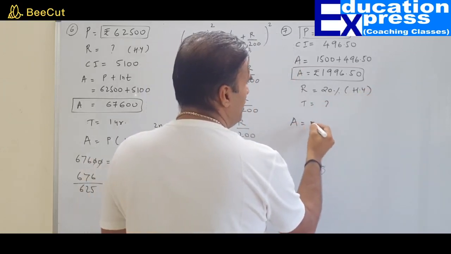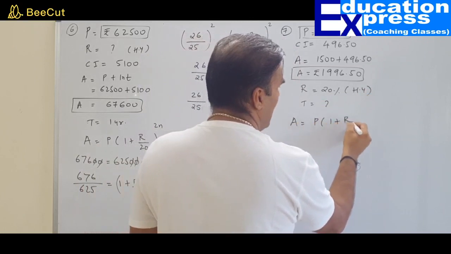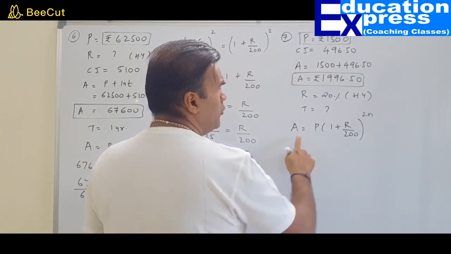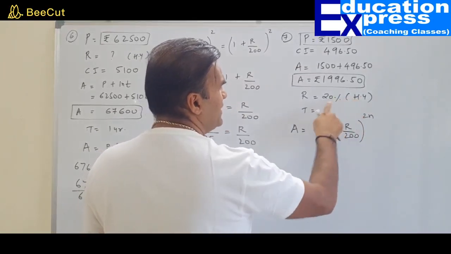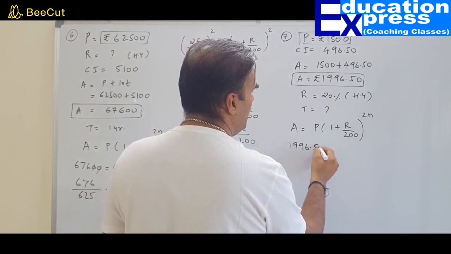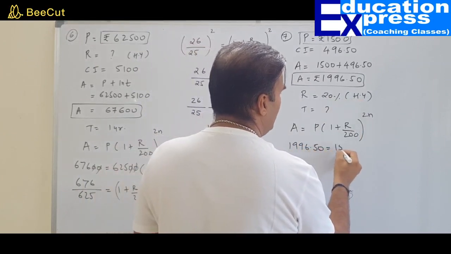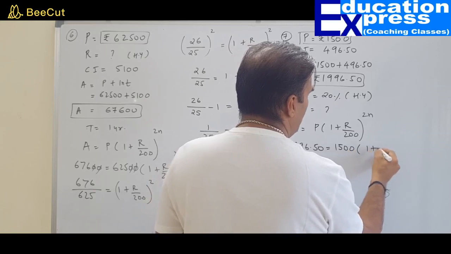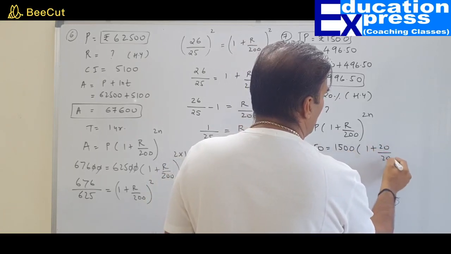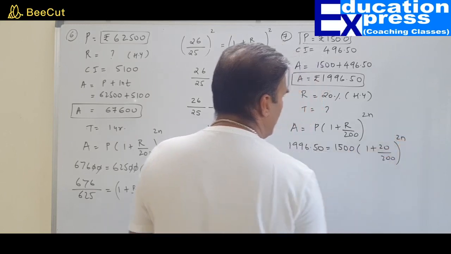Apply our formula: P (1 plus R upon 200) raised to 2n. I hope you remember why it will be 2n, because it is half yearly. Amount is 1996.50, principal 1500, 1 plus R, R is 20, upon 200, raised to 2n.